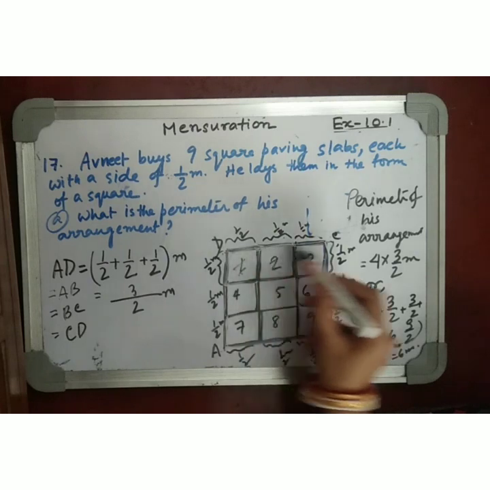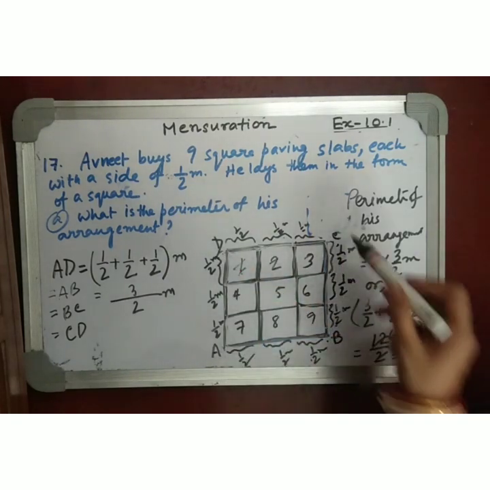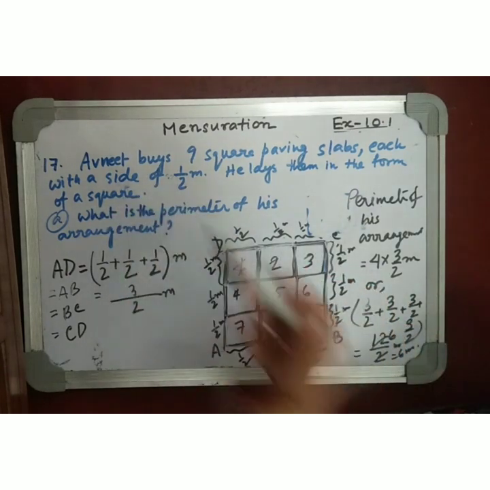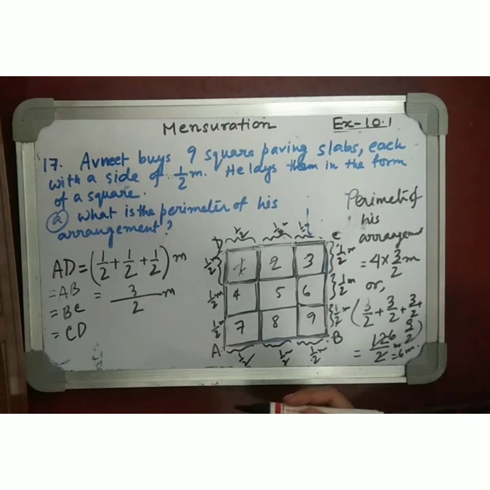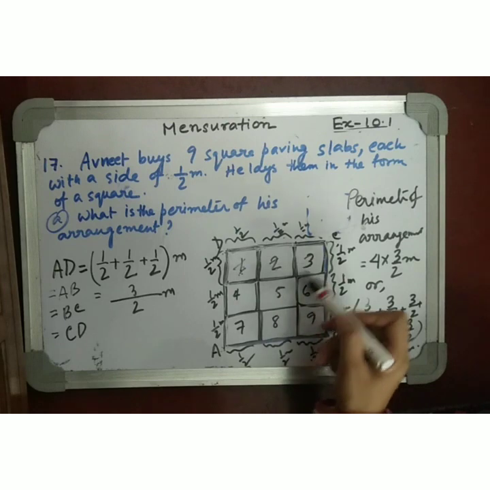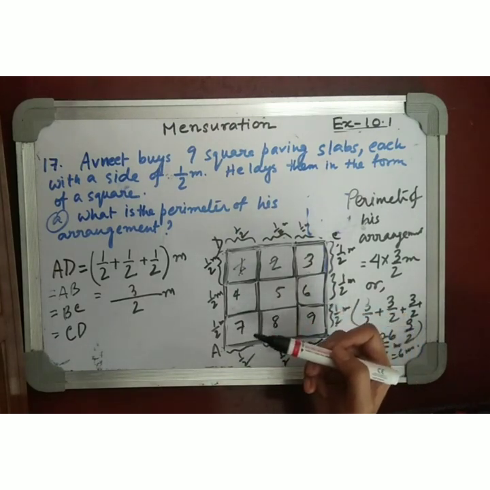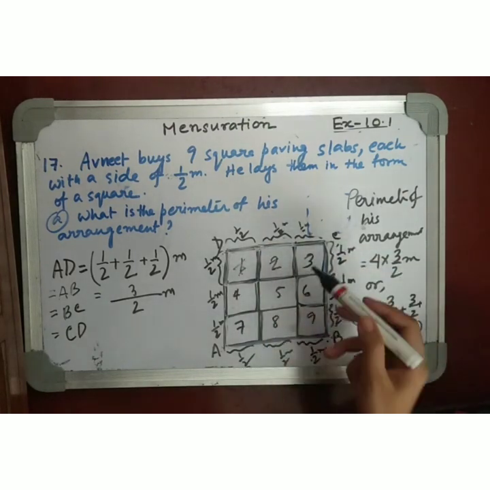So for this, suppose I am giving this name ABCD. So ABCD is the square which he has made by using 9 square paving slabs. And we will take only those sides of those 9 square slabs which are making the side of the given big square.